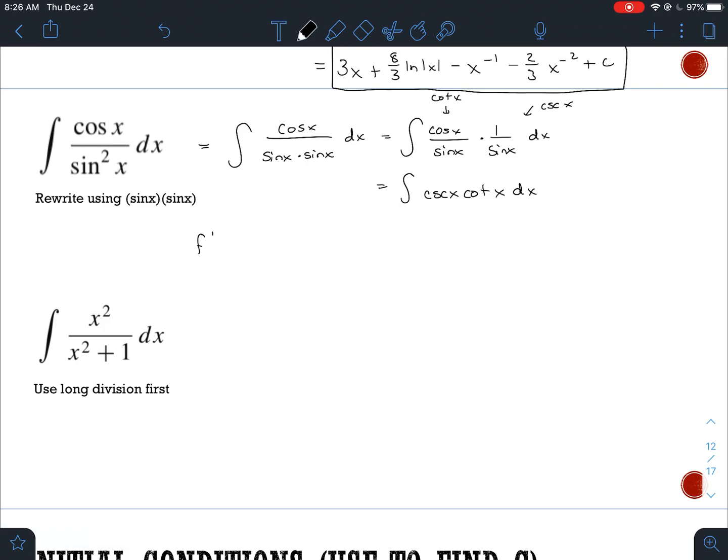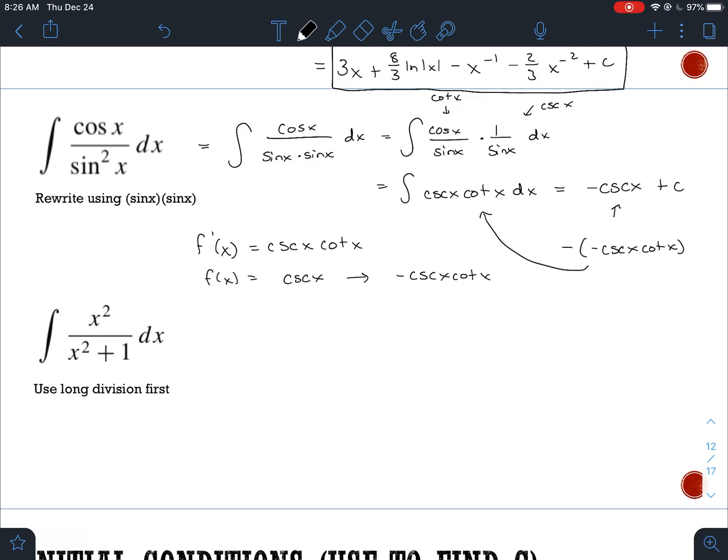Well, whose derivative is cosecant x cotangent x? The derivative of cosecant is negative cosecant x cotangent x. So in order to get this to be positive, I need it to be negative cosecant x plus c. If I took the derivative of negative cosecant x, I would get negative and then negative cosecant x cotangent x, which is what I wanted.